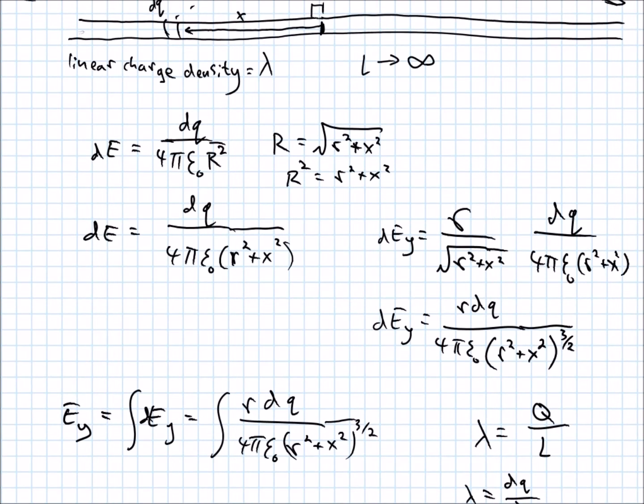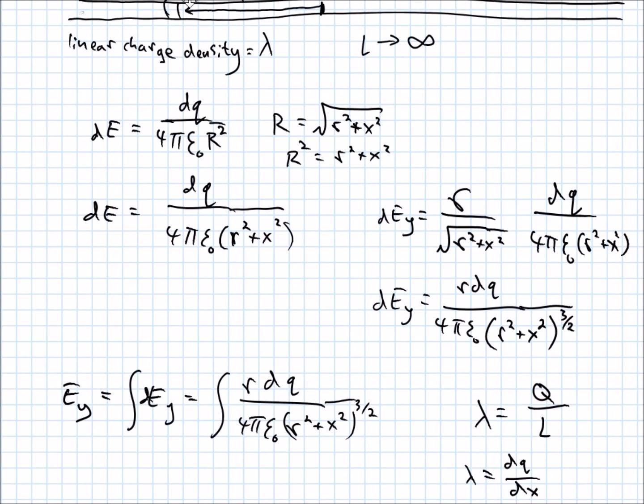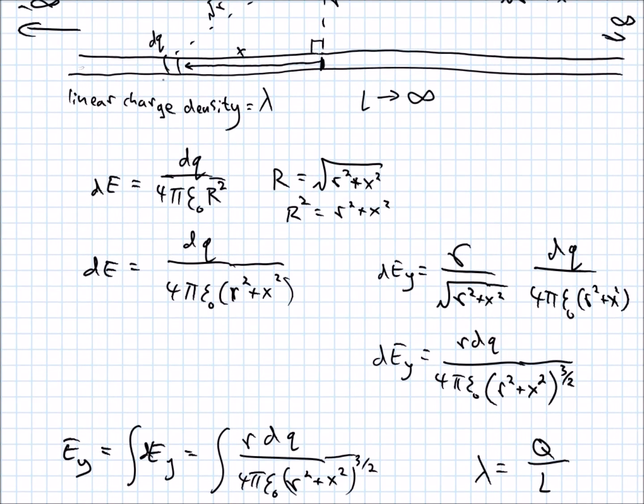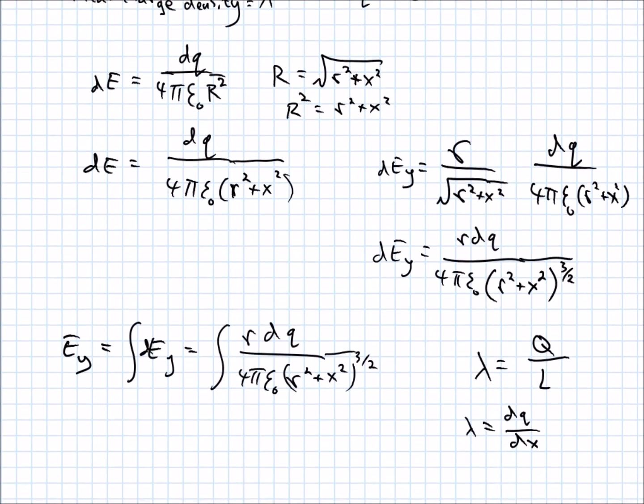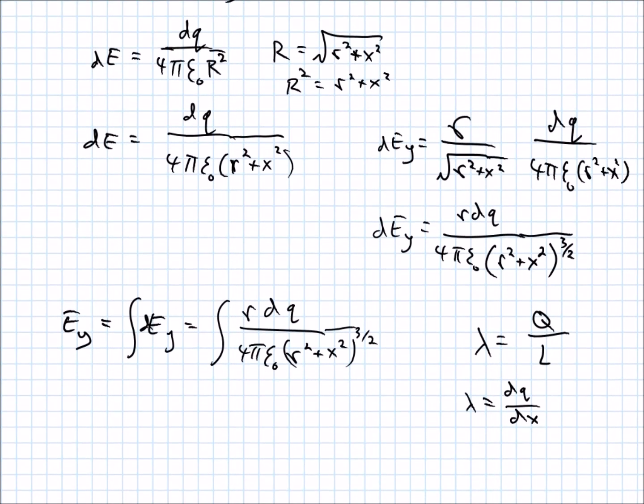So this little piece of dq is at length dx. And so our linear charge density is in fact equal to dq over dx. And it can be rewritten to say that dq is equal to lambda dx. So I can substitute lambda dx into my equation.